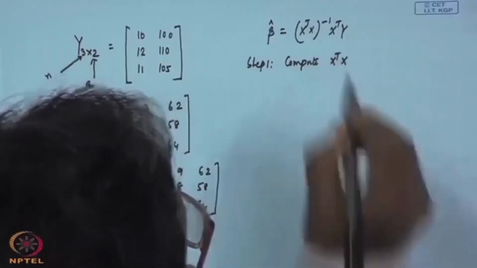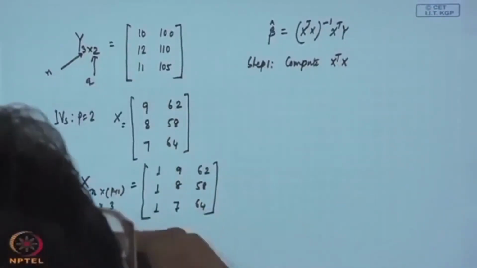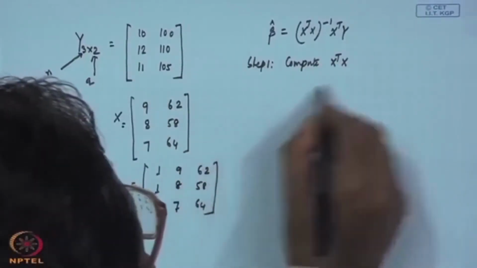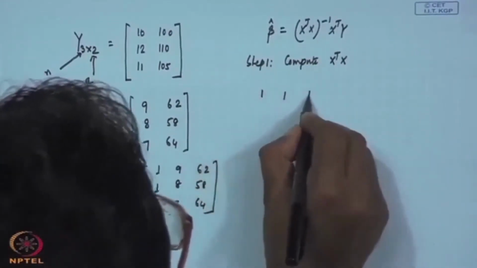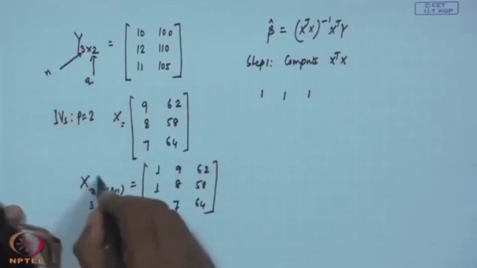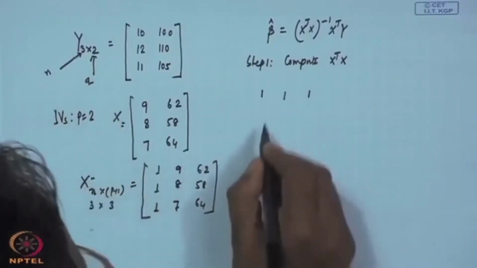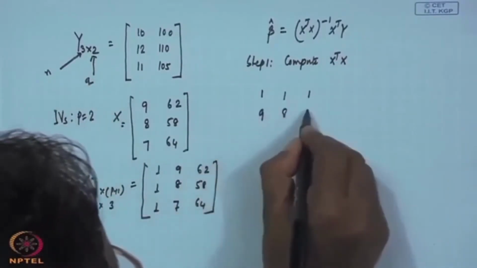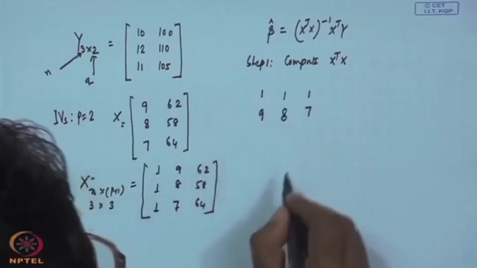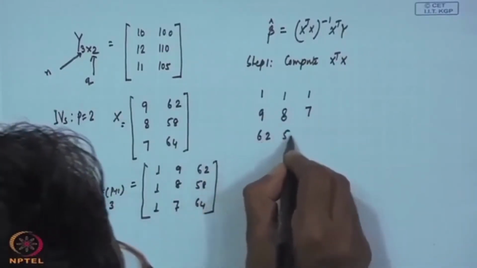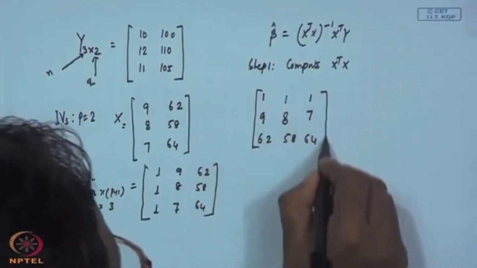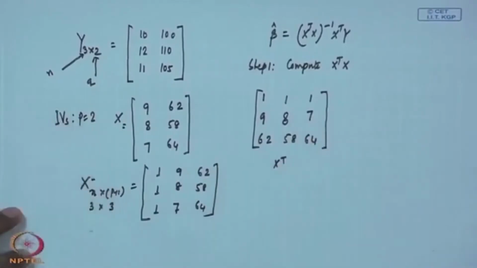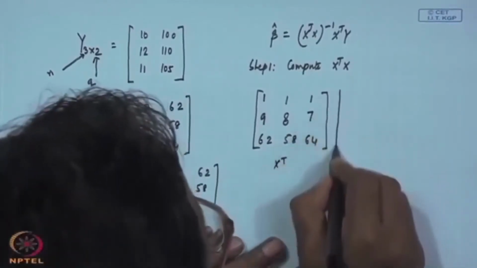X transpose X. If we write like this, then X transpose X is 1 1 1, that is basically the transpose of this matrix, then 9 8 7, then 62, 58 and 64. This is your X transpose. Now what is our X matrix?